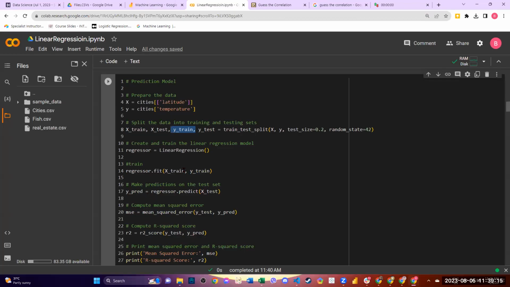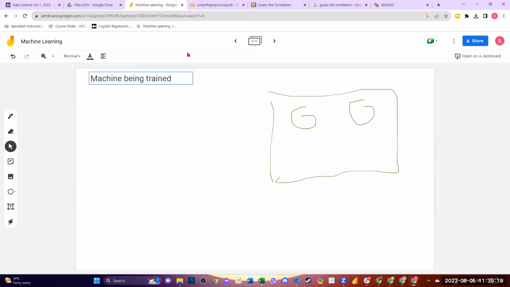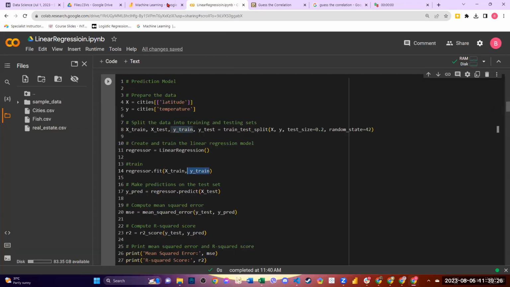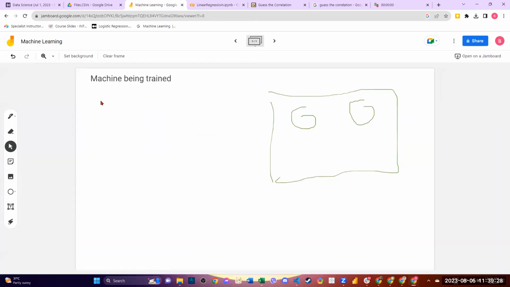It's trained by X train and Y train, from our data, the 80%.